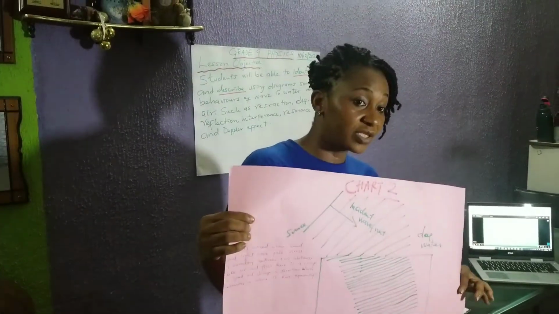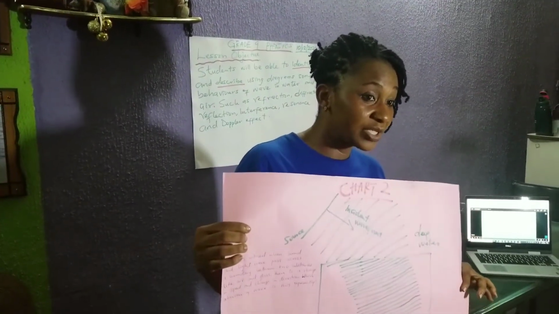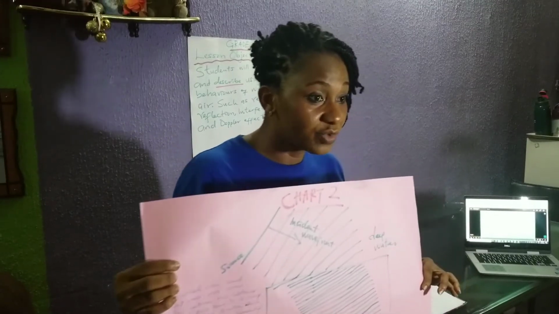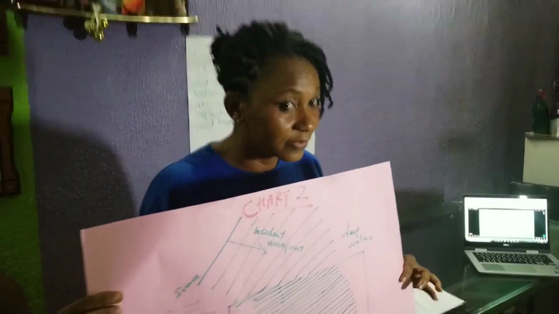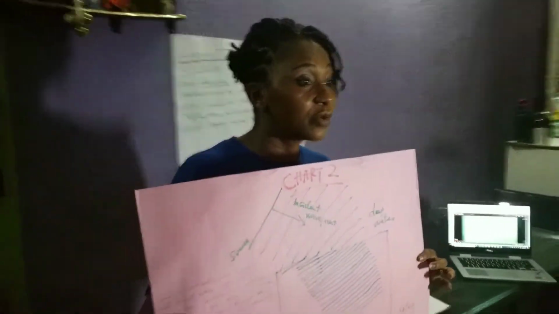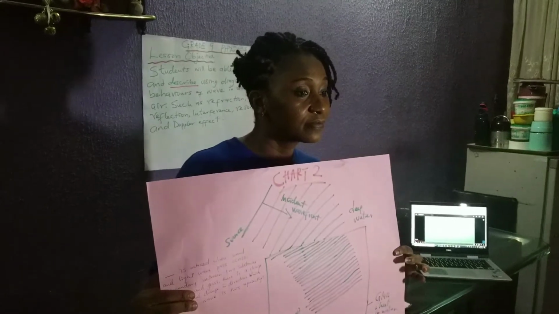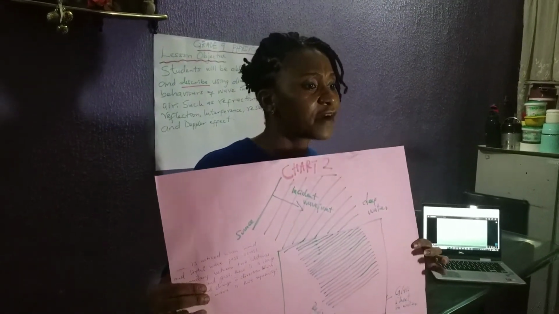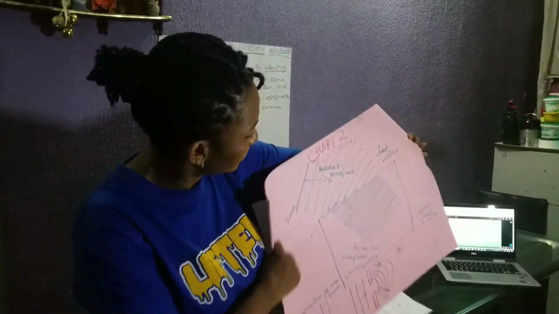You see some changes, right? Both in the speed and the way the wave is dispersed. So what do you think this diagram represents? It represents refraction.